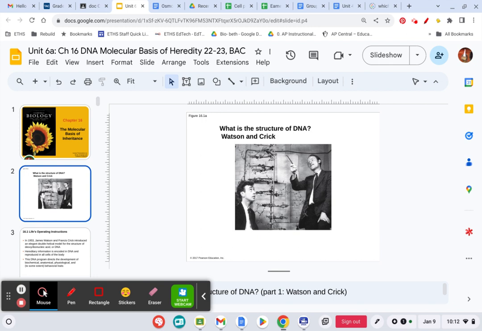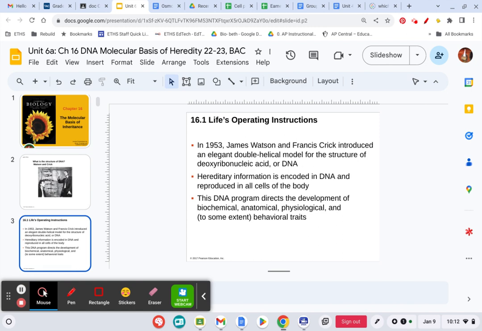Watson and Crick are credited with the structure of what DNA looks like. That was very important for all of our later tech that we now kind of take for granted. But back in the day, we didn't know that. Watson and Crick introduced an elegant model called the double helix to tell us what the structure of DNA was.